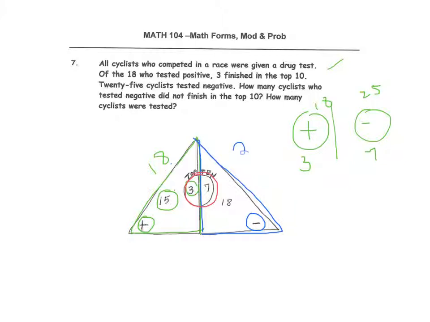Out of the 25 who tested negative, 7 came out in the top 10. So the rest of them, which is 18 of them, did not come in the top 10 people who finished. So when we add the two numbers sitting in the triangle, 7 plus 18 does add up to 25. So this is a good representation of all the information that is given in this particular problem.